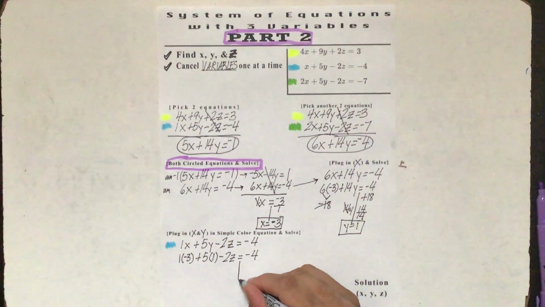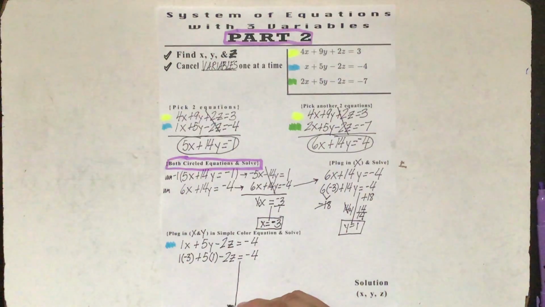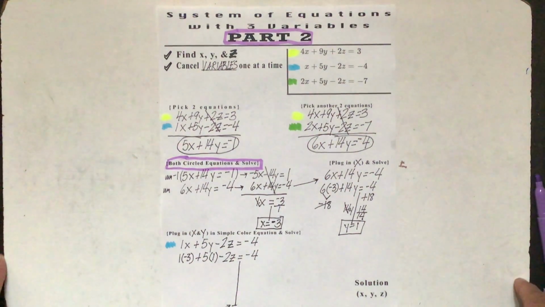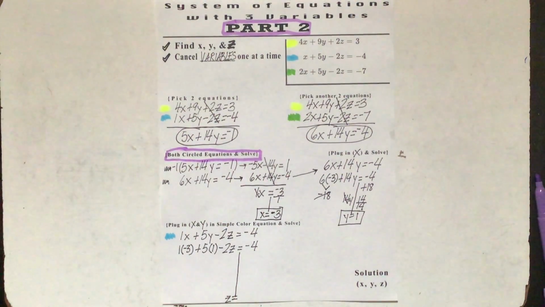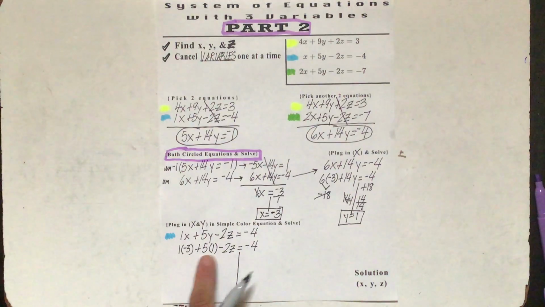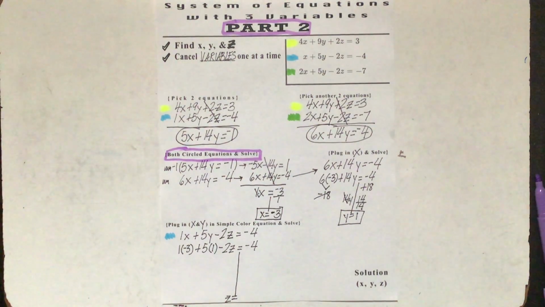So my goal, all the way down here at the bottom, is to solve for z. Get z by itself. Let me move it up a little bit so you guys can see it. My goal is to get z by itself, right? Because z is the only thing left. Look, x and y are gone because I already know what x and y are.